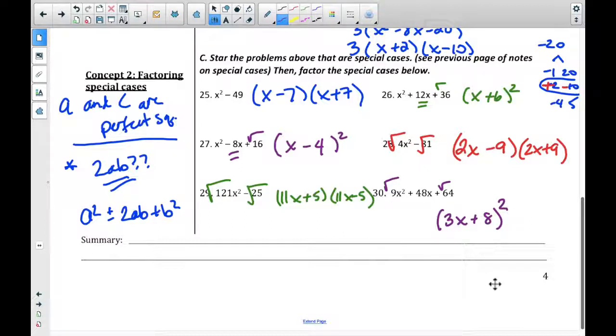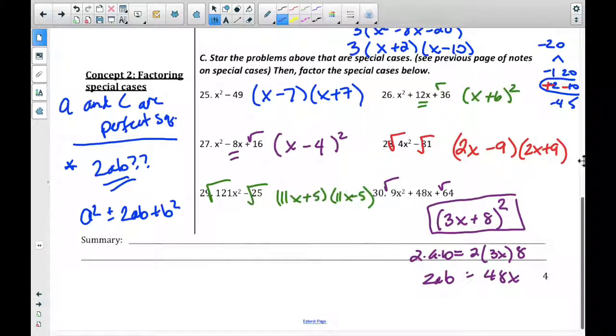So I'm going to square that. I need to check my 2ab. 2 times a times b would be 2 times 3x times 8. And 2 times 3x times 8 is 48x. And so my 2ab does come out to be 48x, and so I know this is the right answer.